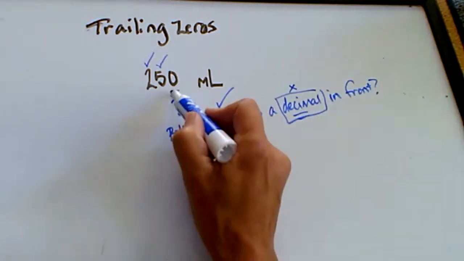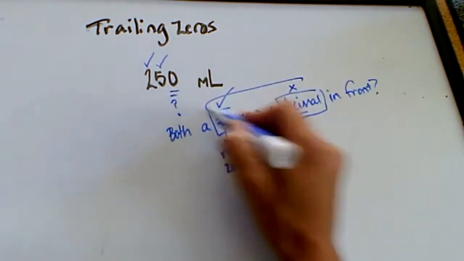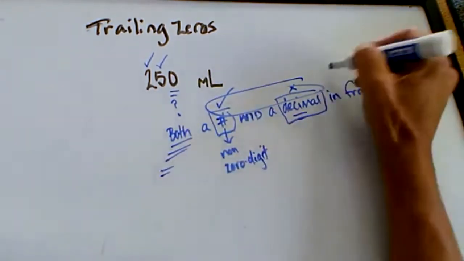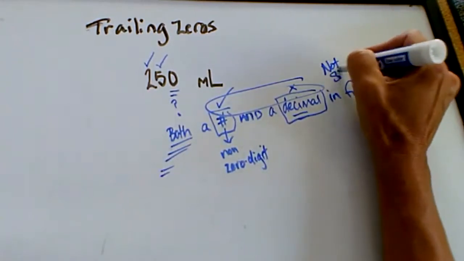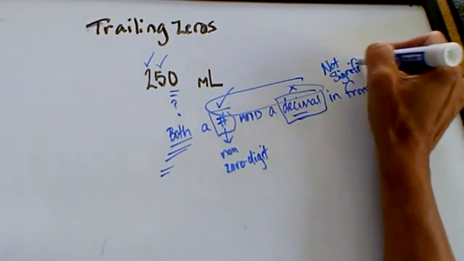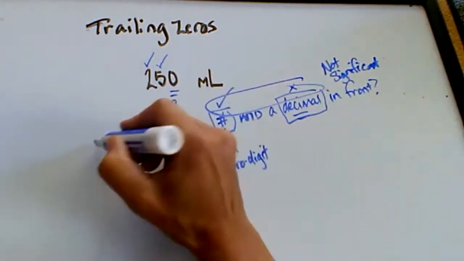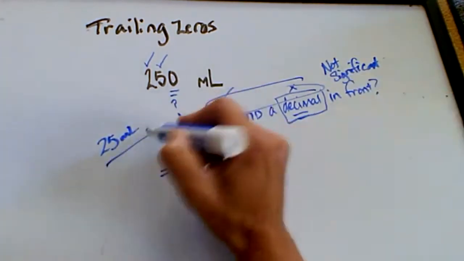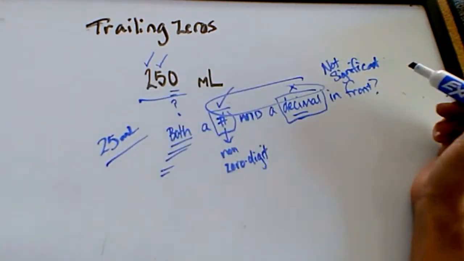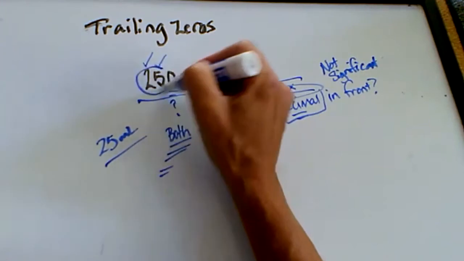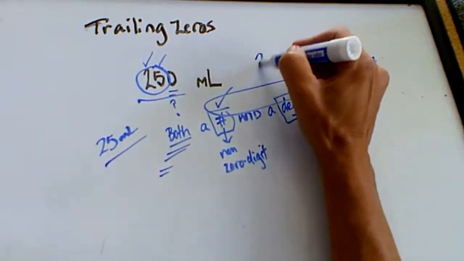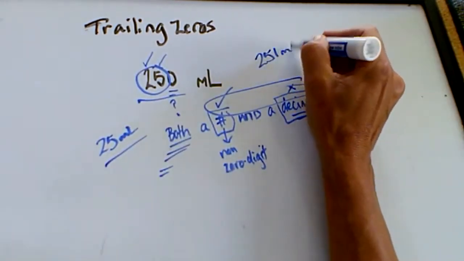So this 0 is not significant. It's got to be both. This is not significant. It is a placeholder. It is making my value 250 as opposed to 25. It's not 25 milliliters, it's 250 milliliters, but it's a value that only has 2 sig figs. It's not 251 milliliters.